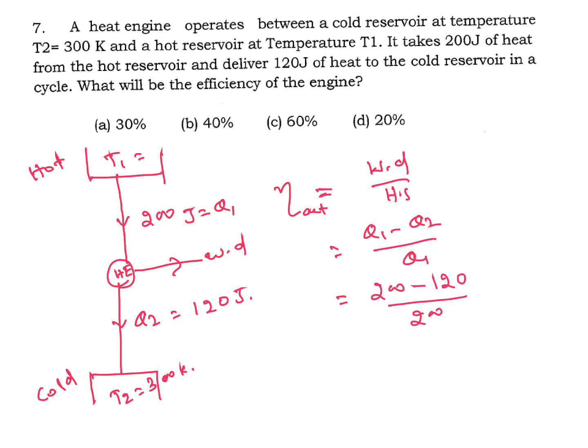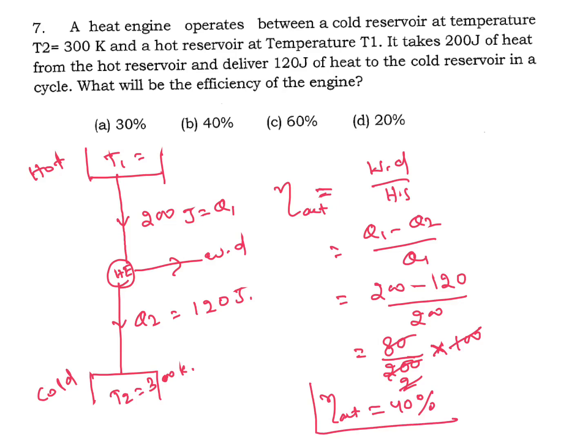It's 80 by 200. It's in percentage terms, so multiply by 100, it's 40%, actual efficiency. From the options, B is our answer.